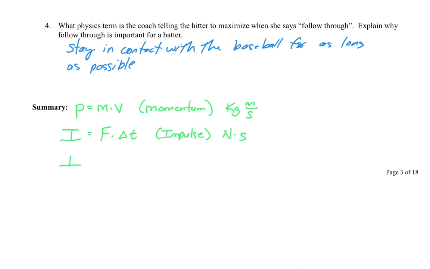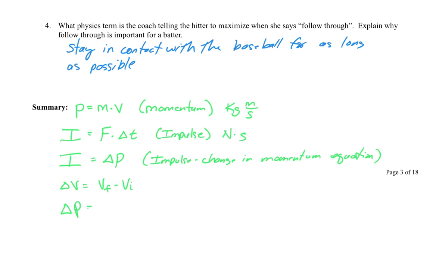Our third equation is impulse is equal to a change in momentum. This is called our impulse change in momentum equation. And it's really important. The other equations that I like to just mention is that a change in velocity is final velocity minus initial velocity.